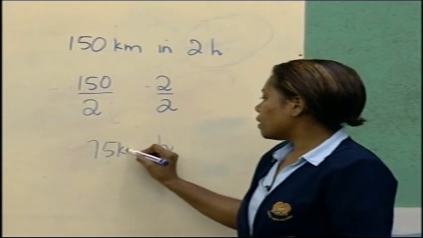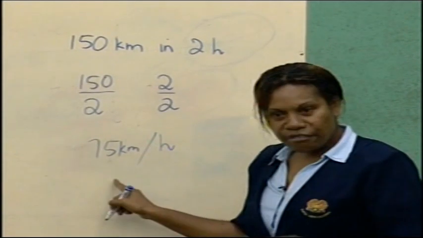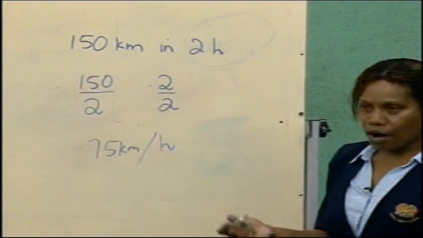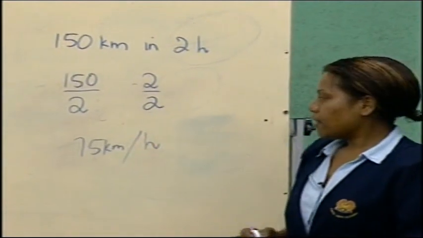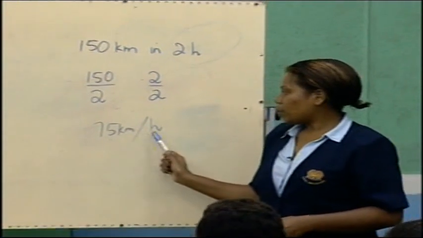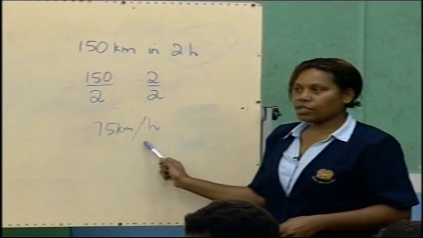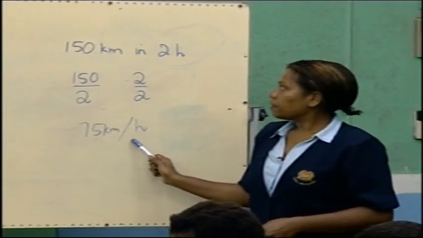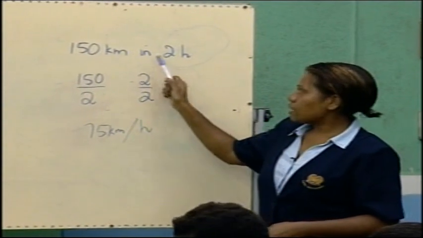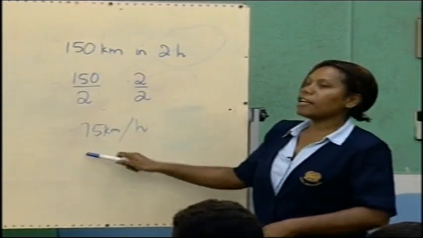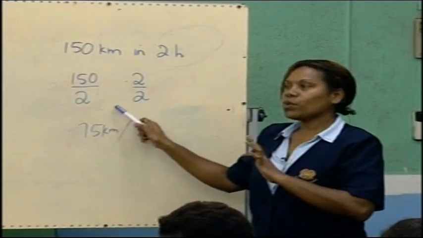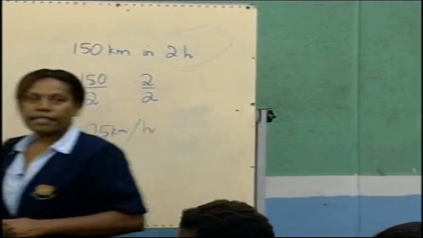So what is the rate? 75 kilometers per hour. That's the fixed rate. So in 2 hours, it's 150. 75 times 2 is 150.